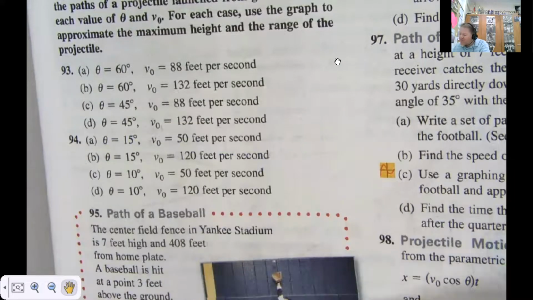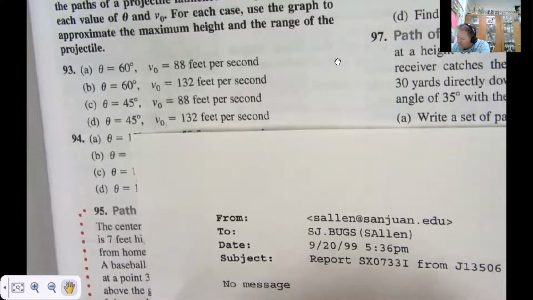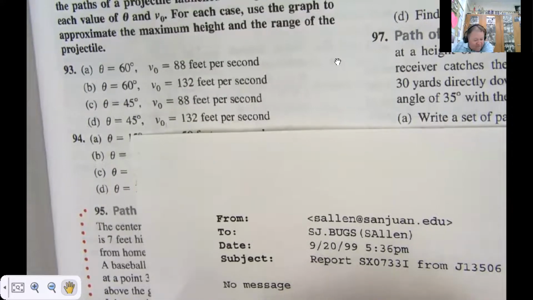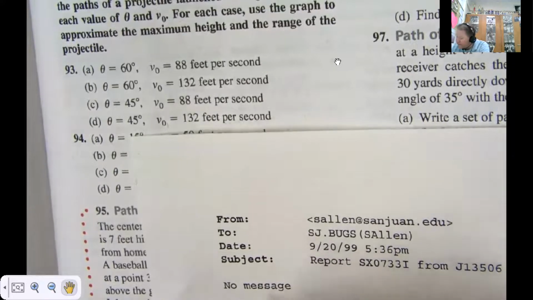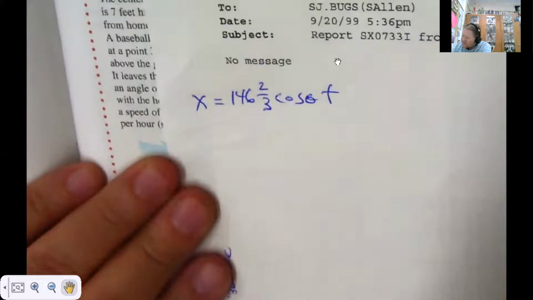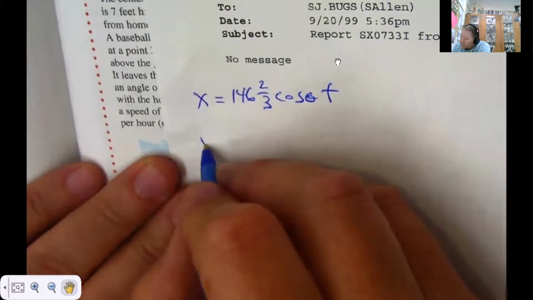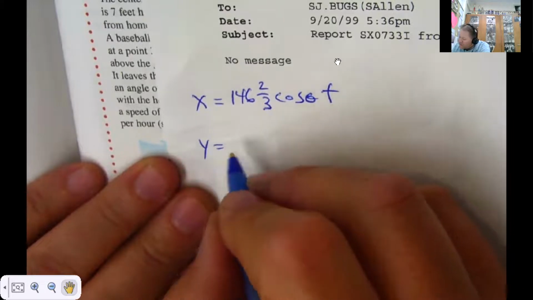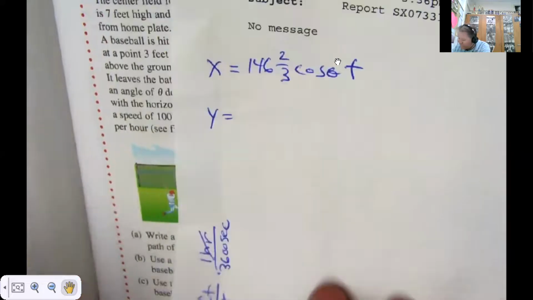And now let's get the two parametric equations, just so we have that. So x is equal to the initial velocity, which I said was 146 2/3 feet per second, times cosine of theta, times t. That's the x direction in terms of t. And y is going to be equal to the initial height. It's hit off the bat 3 feet above the ground.